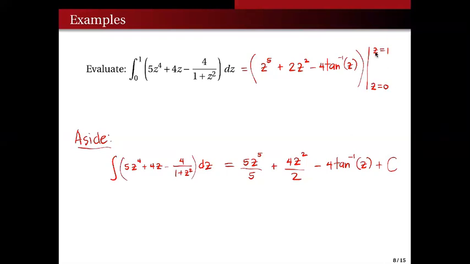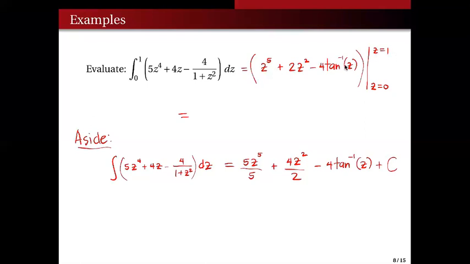Some of you may simply write 0 to 1. It's totally fine. Okay? 0 to 1 in here instead of z equals 0 and z equals 1. So to save up some ink or some energy. Okay? But what is this? This means that you start with z equals 1.